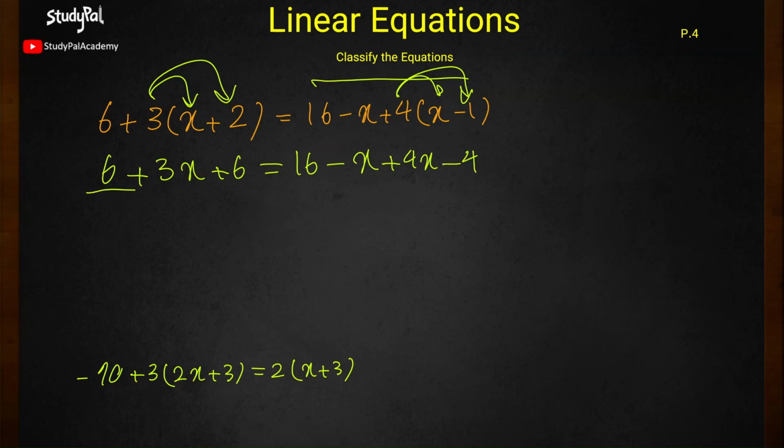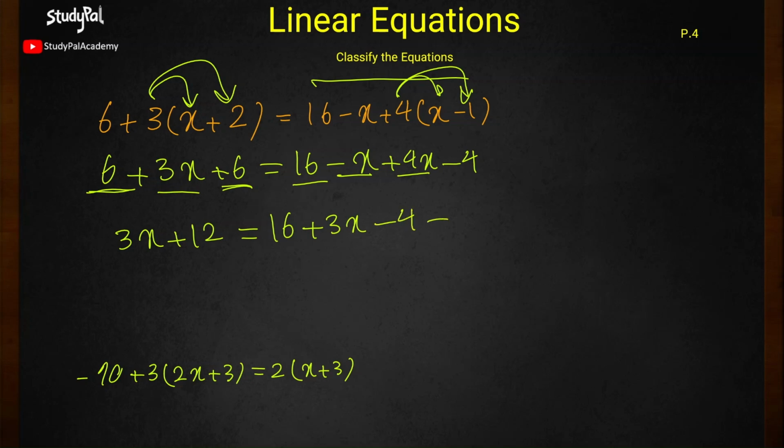So I have a 6 here, a 6 here, it gives you 12. Or if you want to write more neatly, you can have 3x here plus 6 plus 6 is 12, equals a 16 here minus x plus 4x gives you 3x and minus 4.